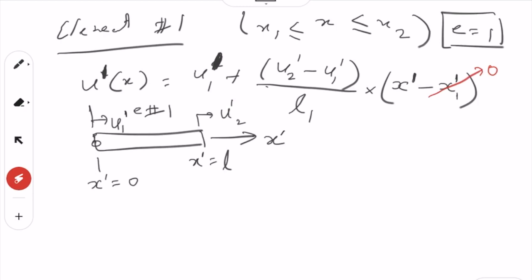This is node 1, this is node 2, all local.